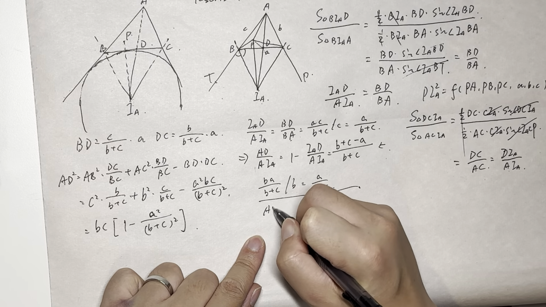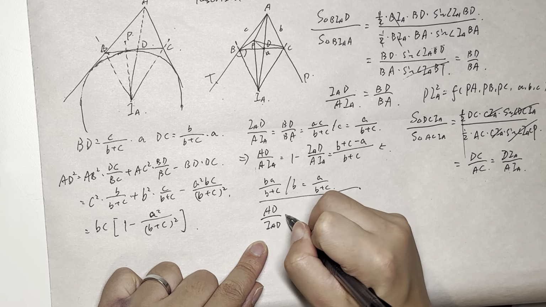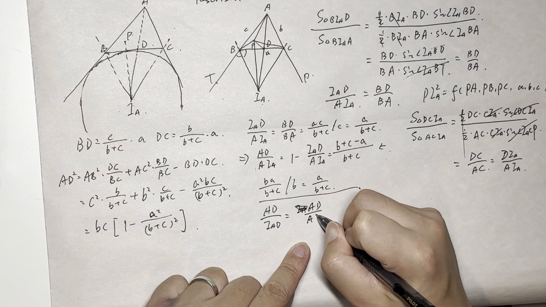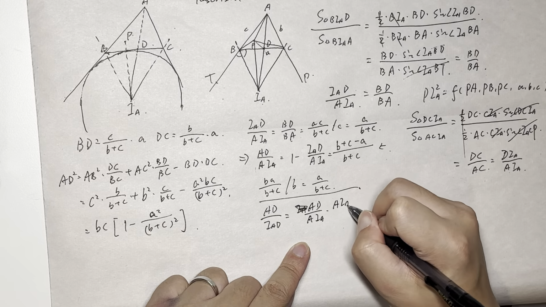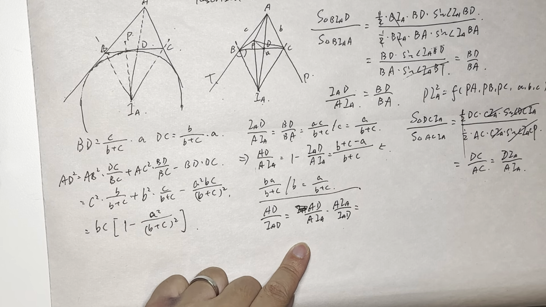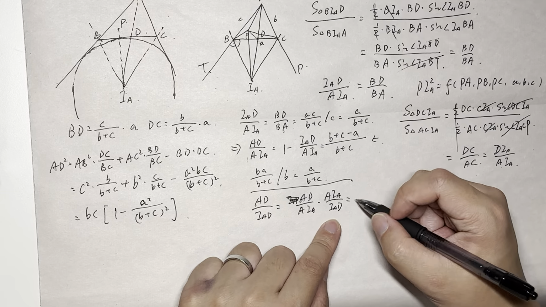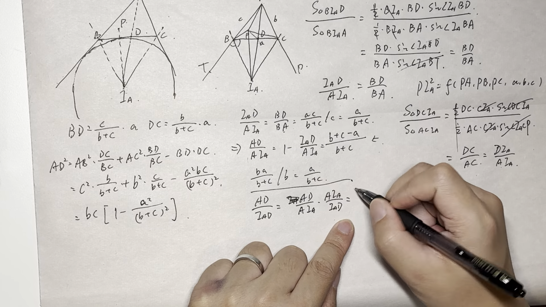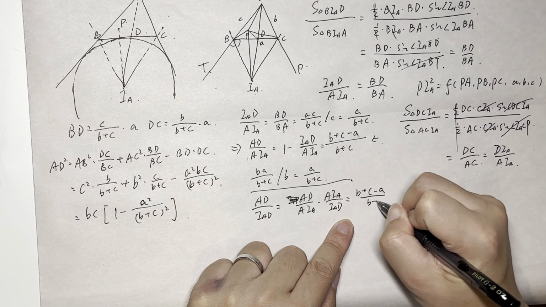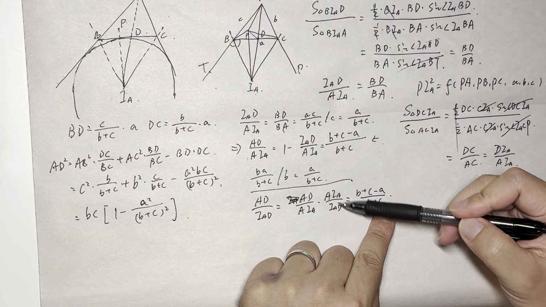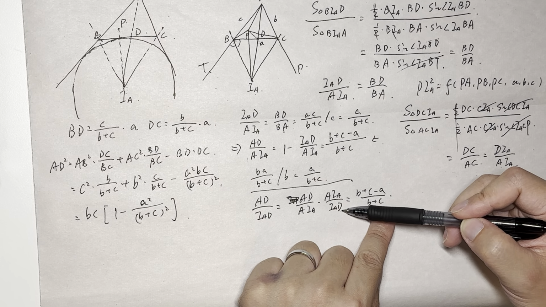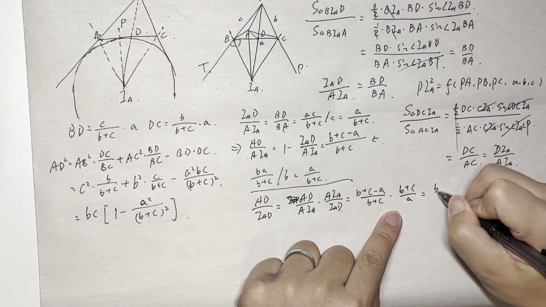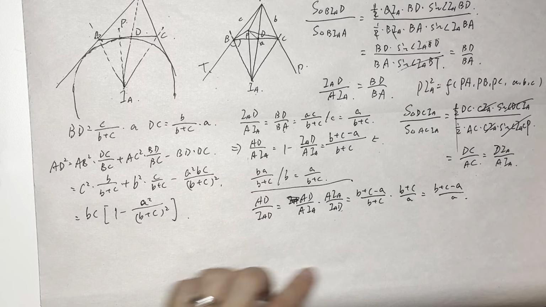So we know that AD to IAD equals AD to AIA times AIA to IAD, right? It equals AD to AIA, which is B plus C minus A to B plus C, and AIA to IAD, which is B plus C to A, so it equals B plus C minus A to A, right?